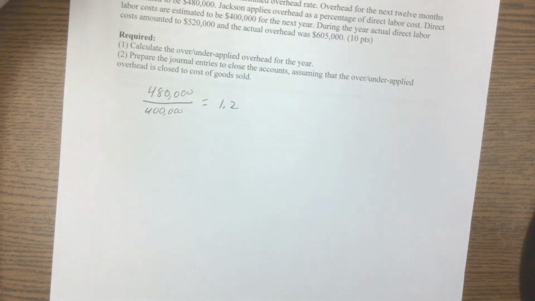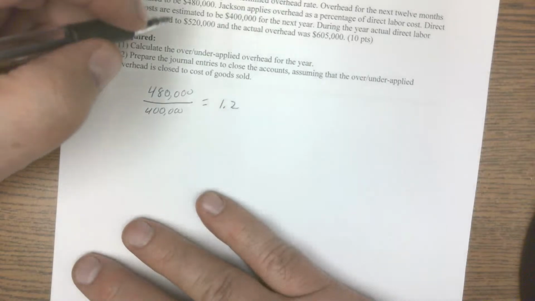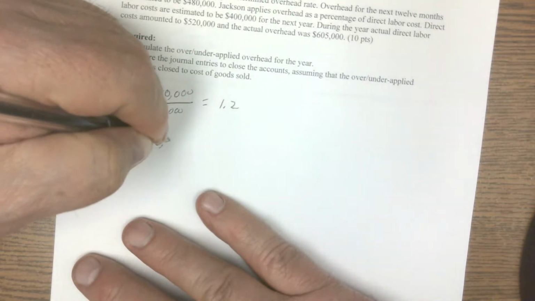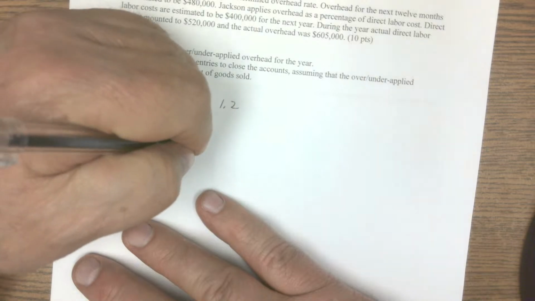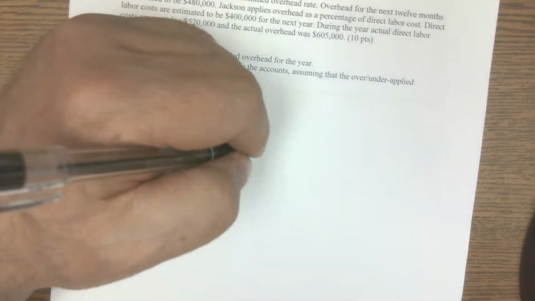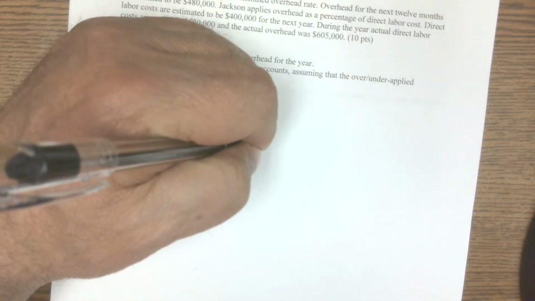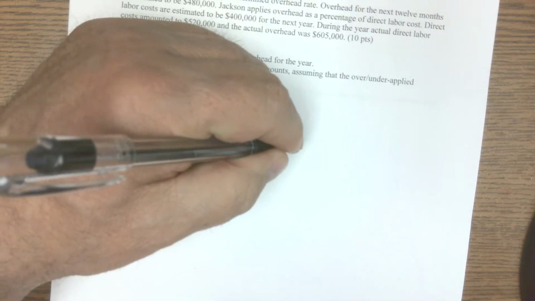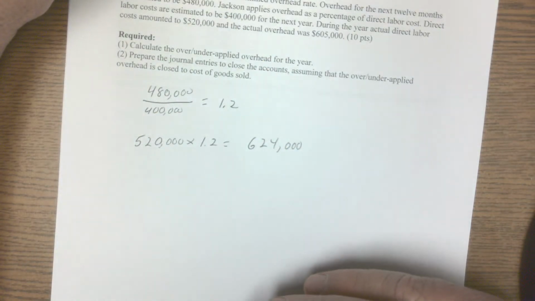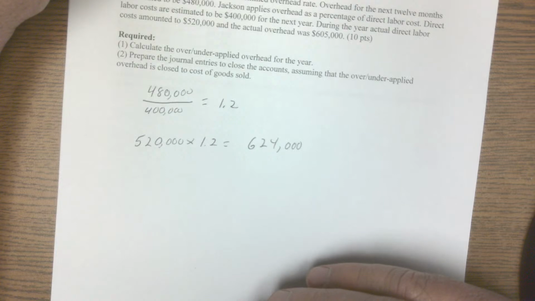During the year, actual direct labor costs amounted to 520. So we take the 520 times 1.2. That means we applied 624,000 of manufacturing overhead to work in process.